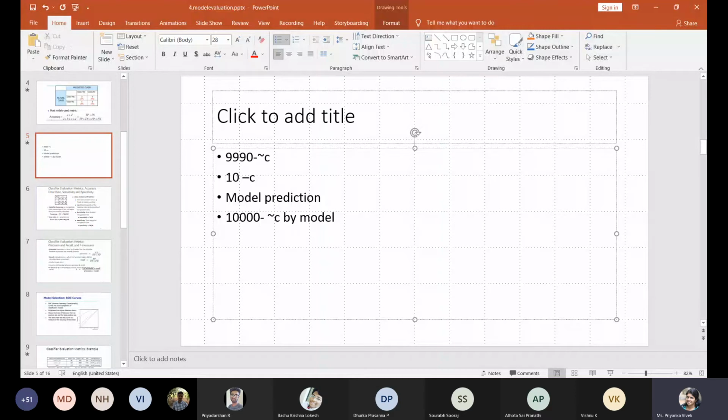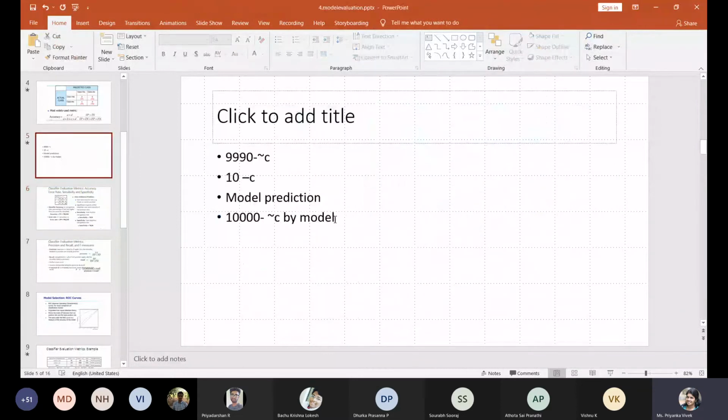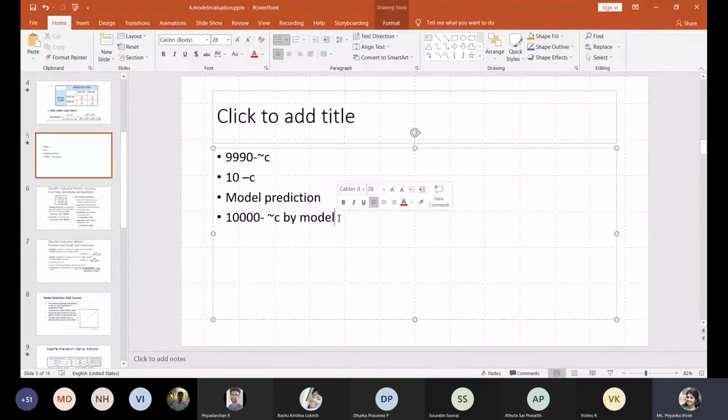If that is the case, how do we calculate the accuracy? Can you tell me what the accuracy value would be? So this is our formula. Can somebody tell me how we calculate accuracy in this case? We know that it is true positive plus true negative by all, isn't it?